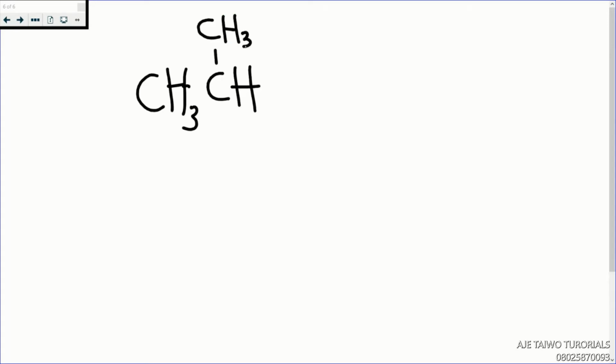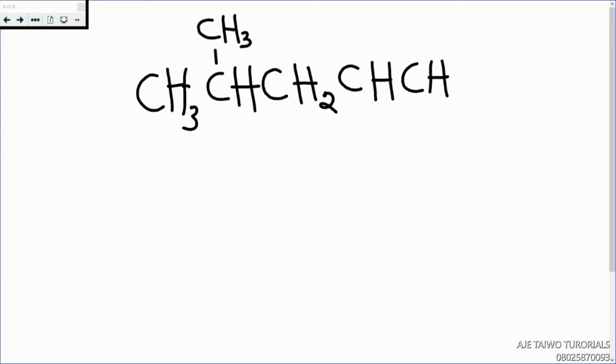Look at this molecule. Tell me if it has a chiral center carbon atom. Look at it. We have CH3, CH3, CH, CH3, CH2, CH, CH3, CH3 also.